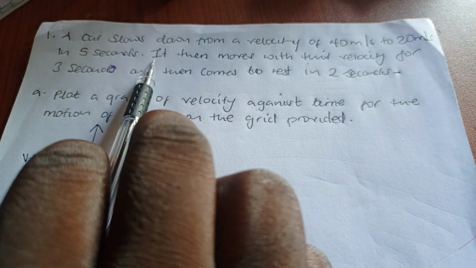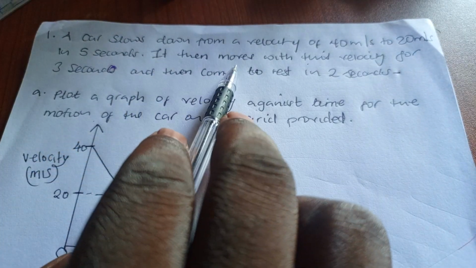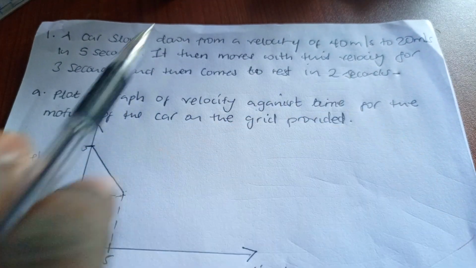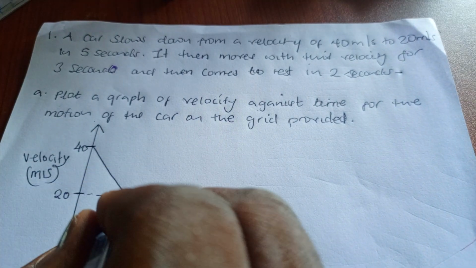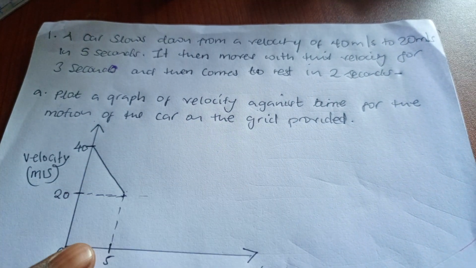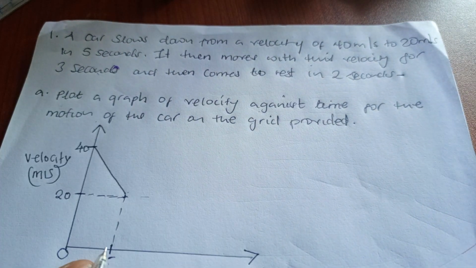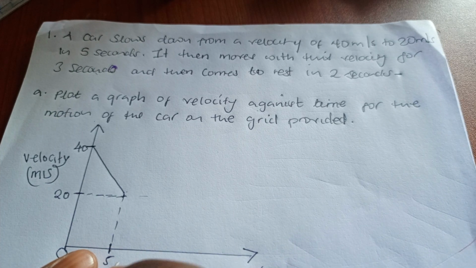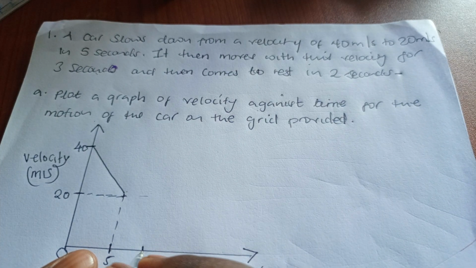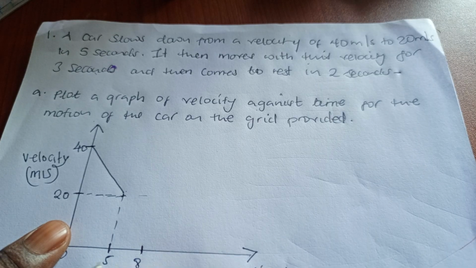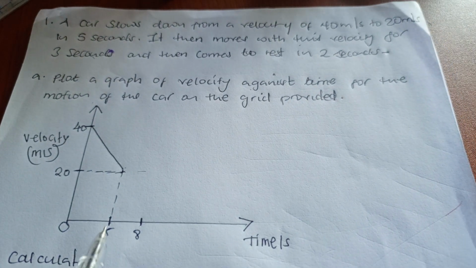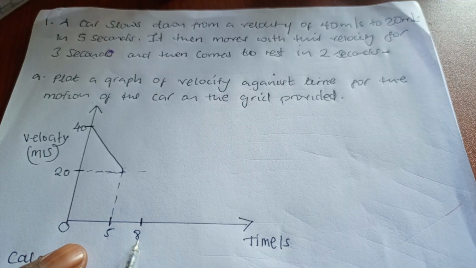Then it moves with the same velocity, 20 meters per second, for 3 seconds. So from 5, it moved for 3 seconds, which means I'll put 8, because 5 plus 3 is 8.